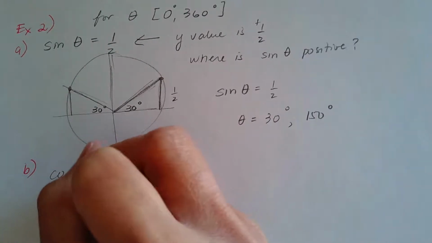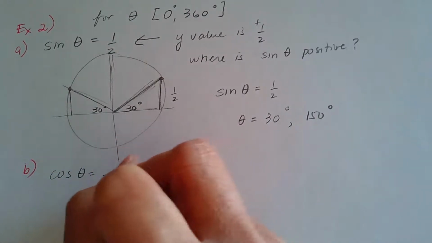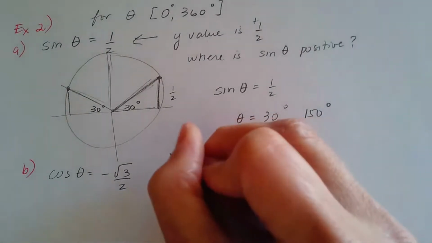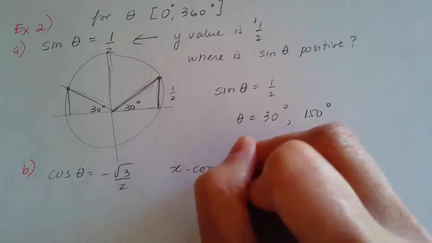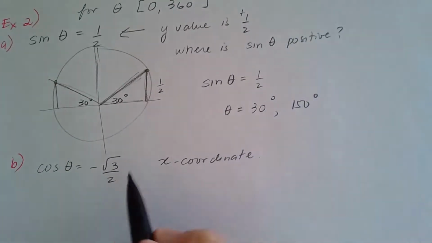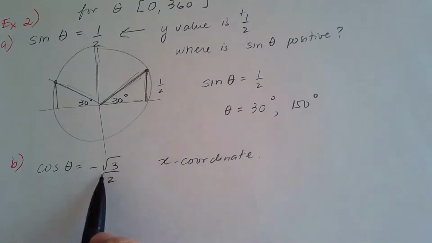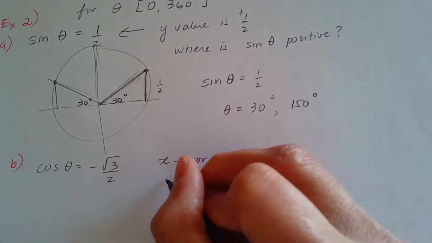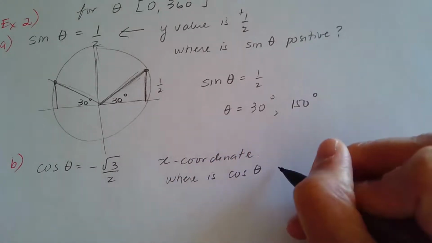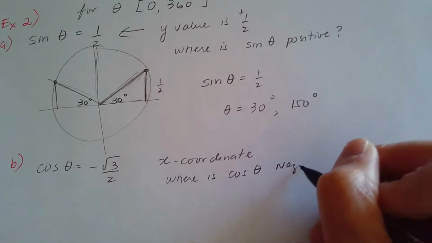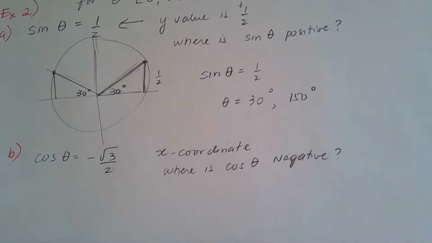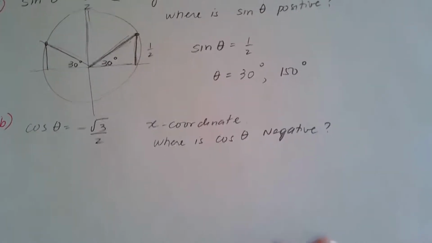Cosine of theta is equal to negative root 3 over 2. So the cos represents the x coordinate or value, and we have to ask ourselves, where is cosine of theta negative?